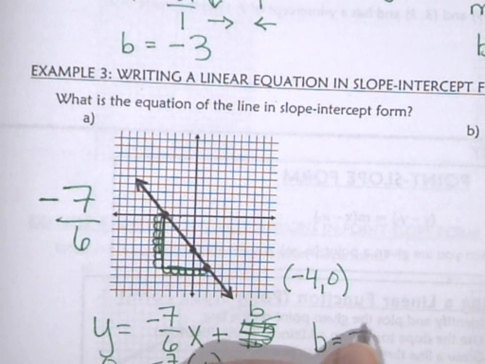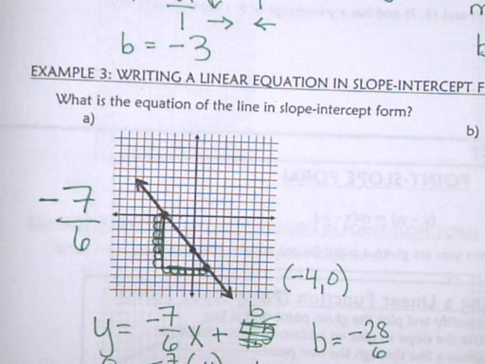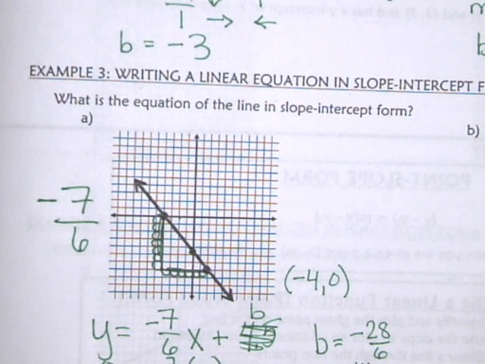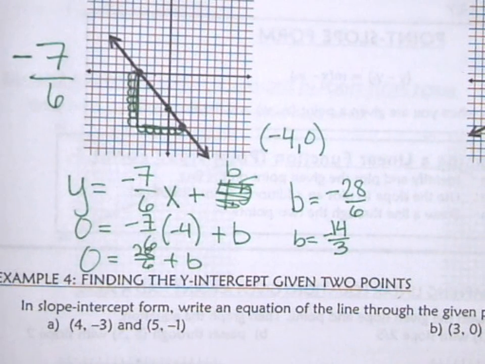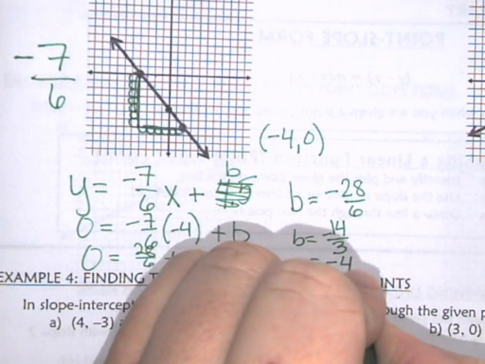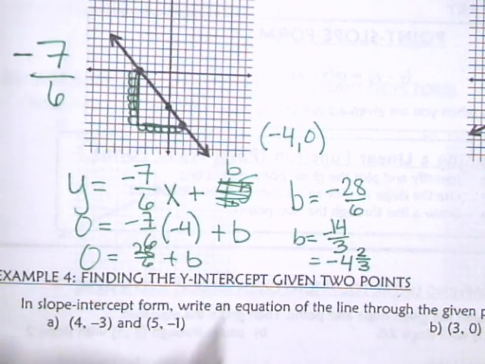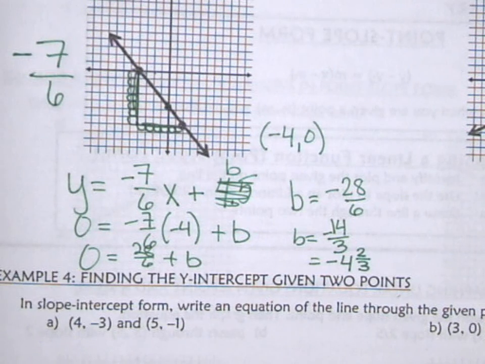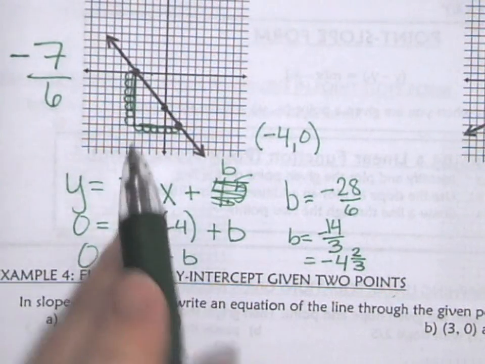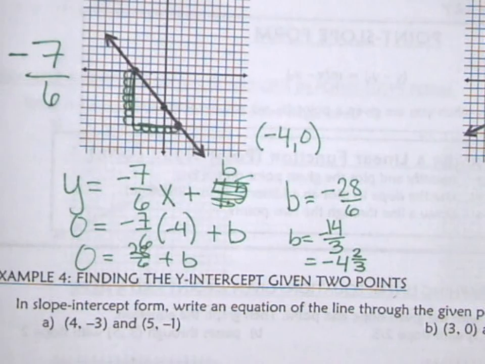So b is equal to negative 28 sixths, or negative 14 thirds, which is negative 4 2/3. So I was close with my estimate of 4.5, but I knew because this was a 6, it wasn't going to actually be 4.5, so I wanted to be more accurate. So I found my b value by using my slope and one of my ordered pairs.